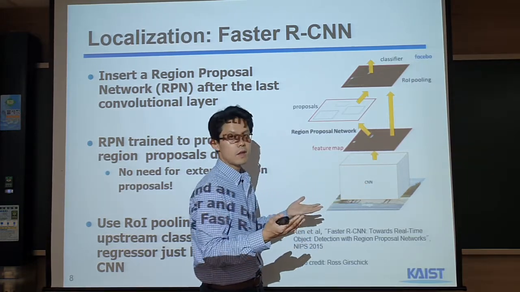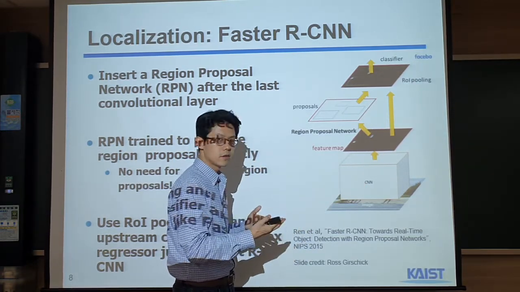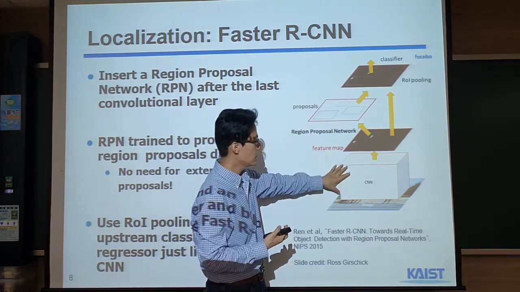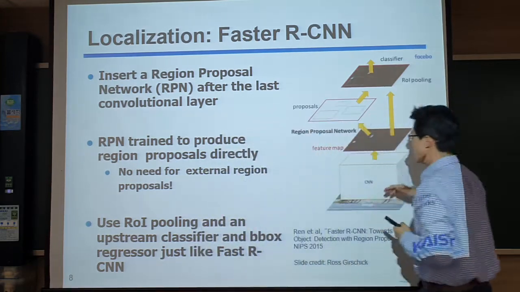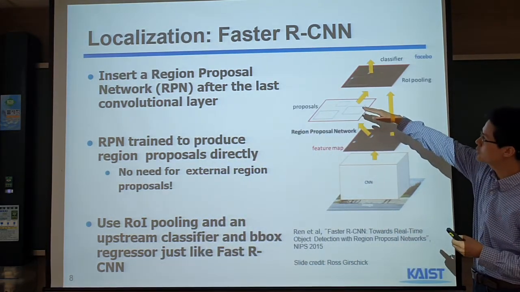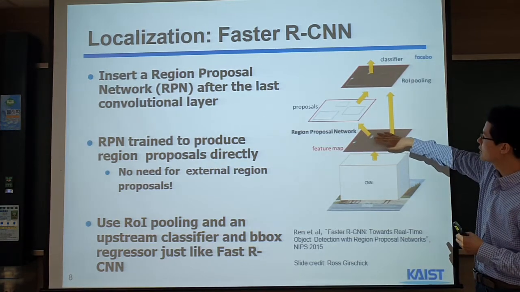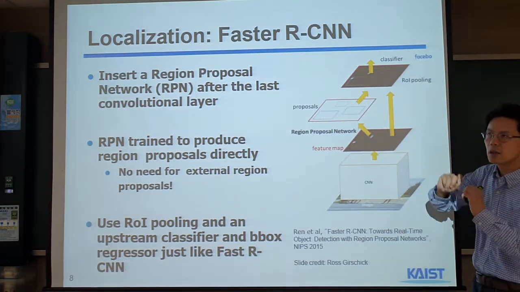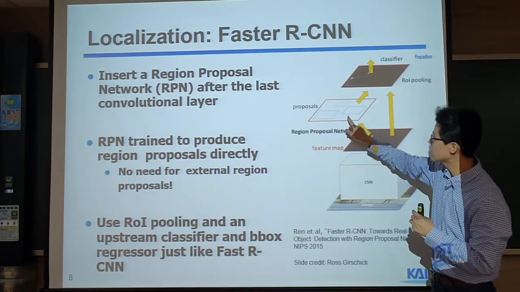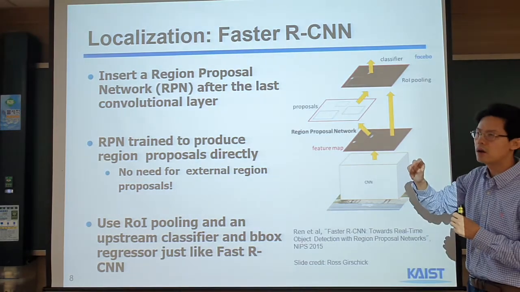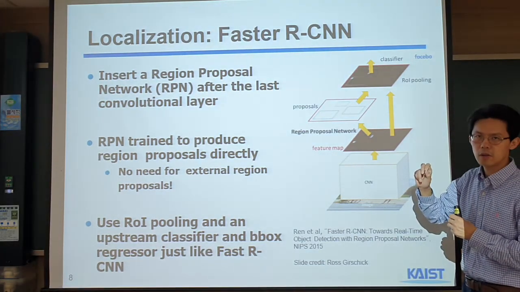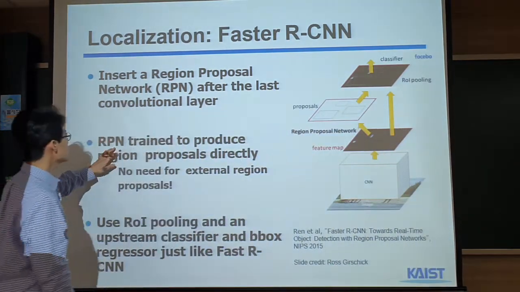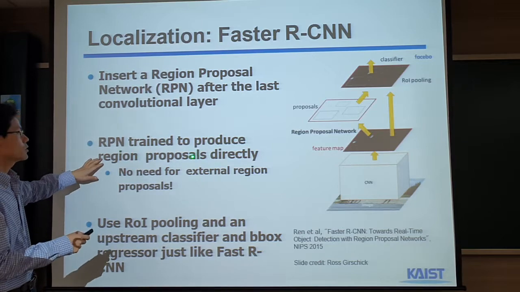There are also many advanced techniques over AlexNet, but you can use any kind of CNN model here, and then you use the region proposal network, which proposes box regions where we have a higher probability of having an object. The region proposal network is trained to produce the region proposals directly.